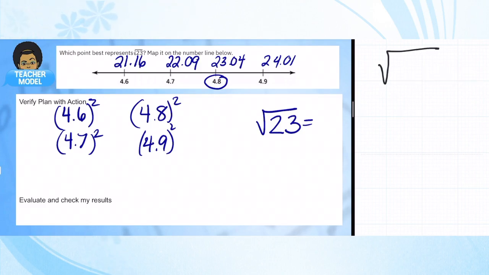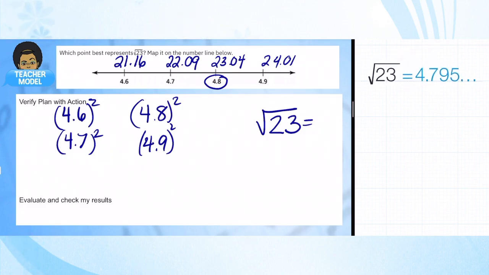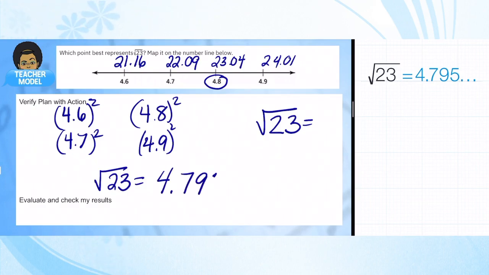And let's find the square root of 23. The actual number, the square root of 23, is approximately 4 and 795 thousandths. So you can see how if you rounded it, it is very, very closest to 4 and 8 tenths.